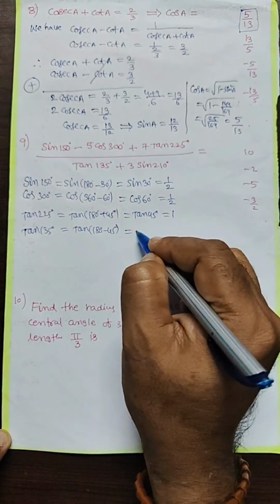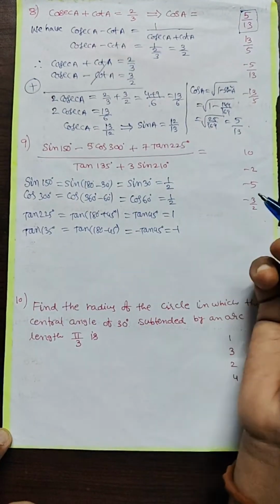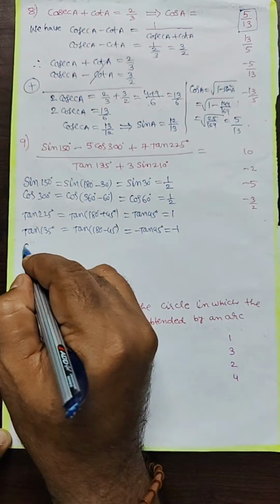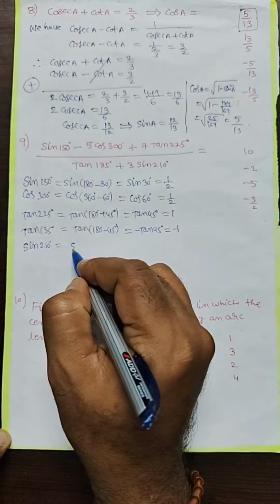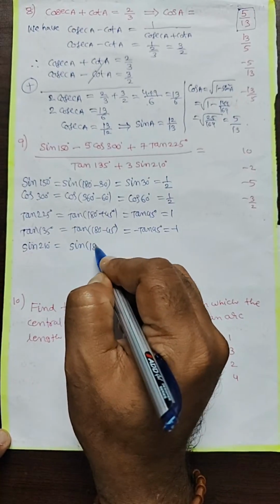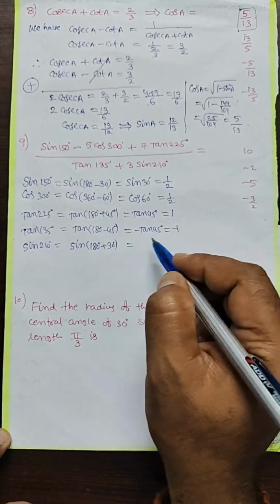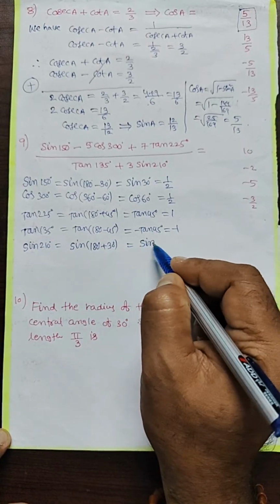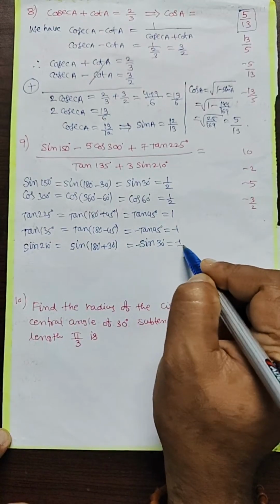Tan of 180 minus theta is minus tan theta. So minus tan 45, that is equal to minus 1. Sine 210 degrees. So sine of 180 plus 30. Sine of 180 plus theta is minus sine theta, dear students. So minus sine 30. Minus 1 by 2.